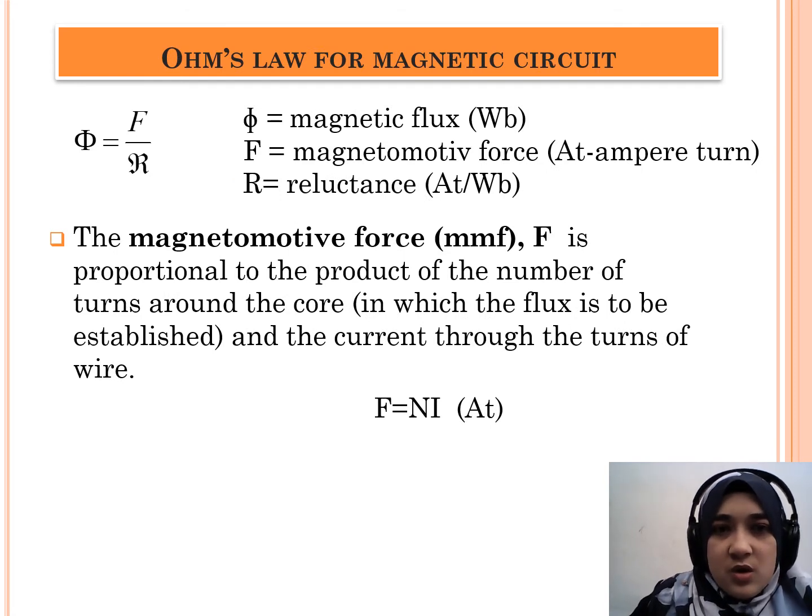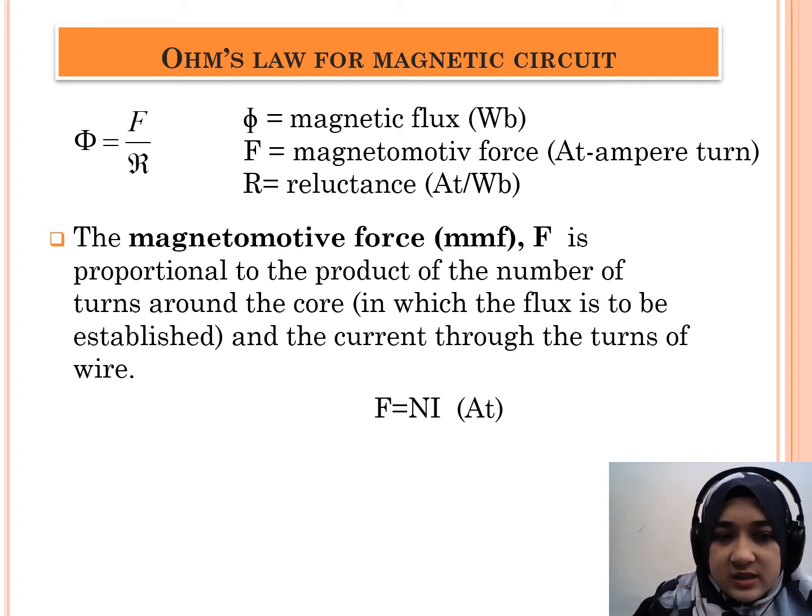Okay, next we are going to Ohm's law for the magnetic circuit. EMF is in the electric circuit; in the magnetic circuit we call it MMF. The magnetomotive force MMF, with symbol F, is proportional to the product of the number of turns around the core in which the flux is to be established and the current through the turn of wire. So phi, or magnetic flux, is equal to F, the MMF, over reluctance.